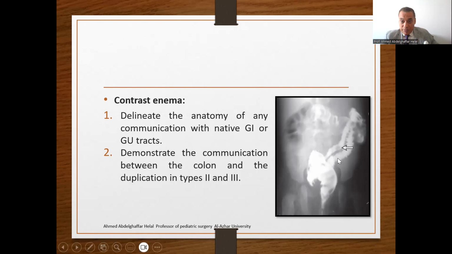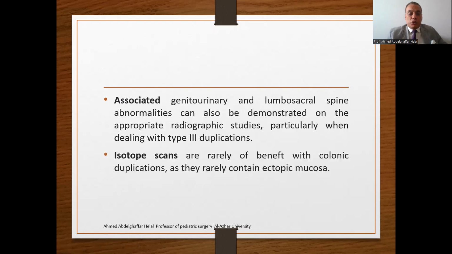The contrast enema will show a double colon, and the arrow points to the septum between the two parts of the colon. This is one colon loop and this is the second, duplicated colon, diagnosed with a contrast study. So contrast will define the anatomy and show the communication, which is very essential for diagnosis.